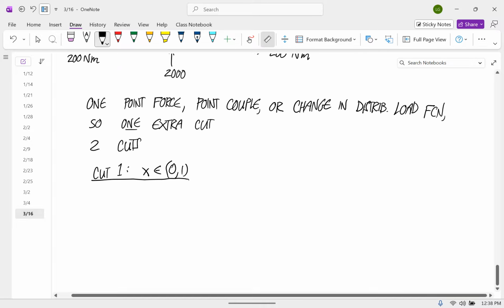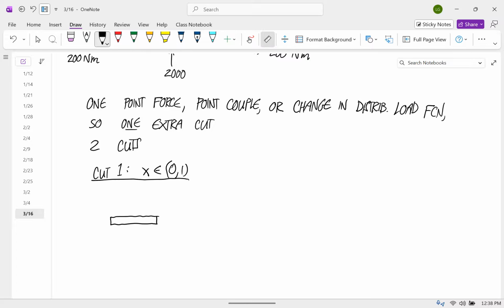Okay, so I'm going to draw a representative piece. And it's going to have a 1,000 going down here, a 200 to the left here, and then the internal loads.